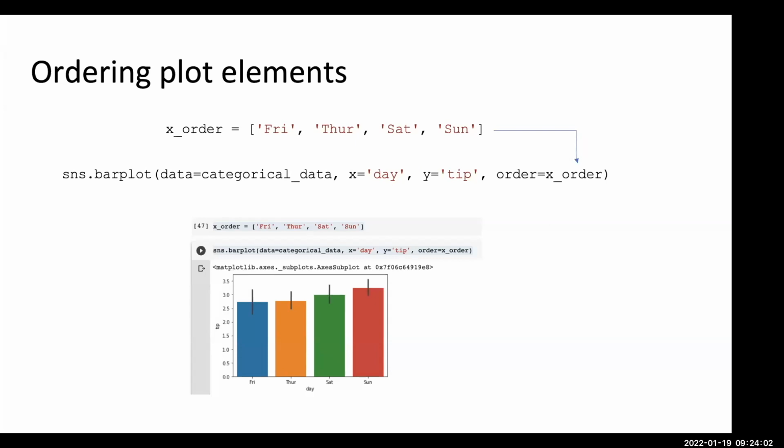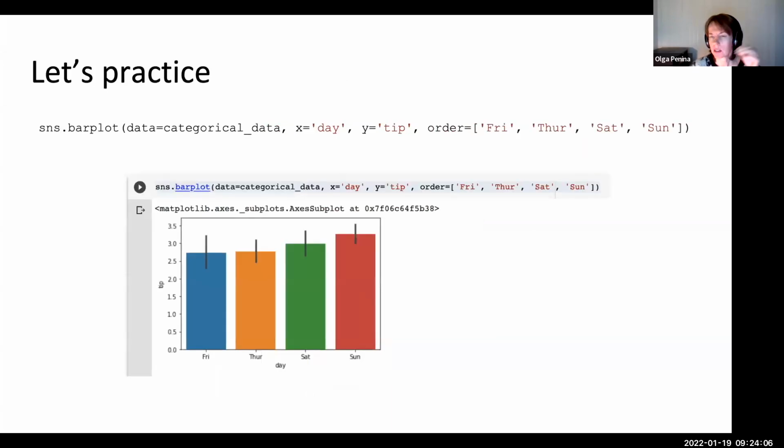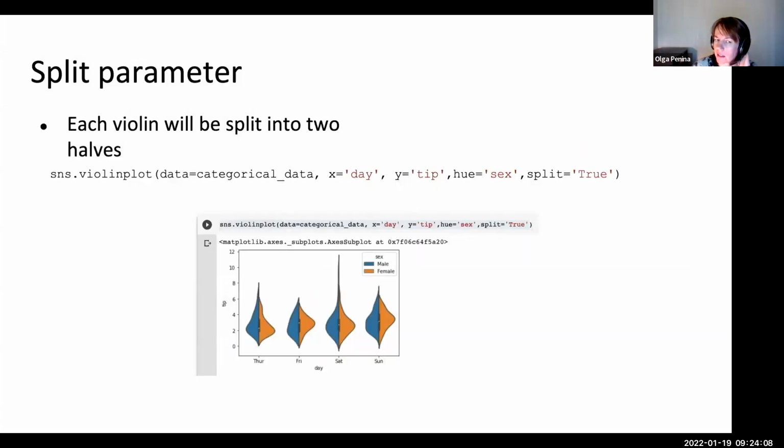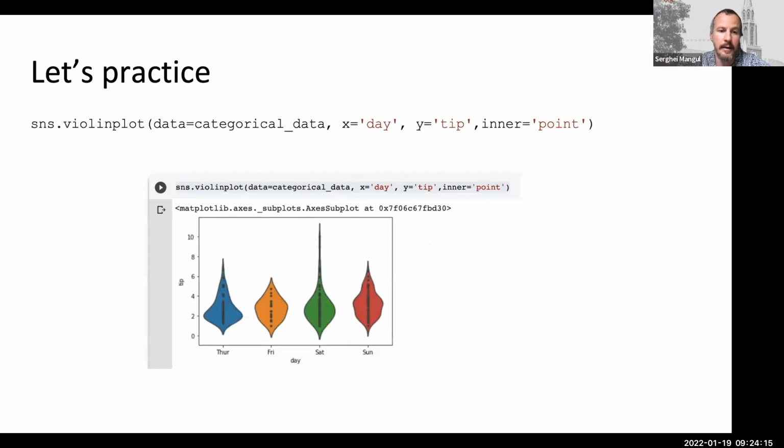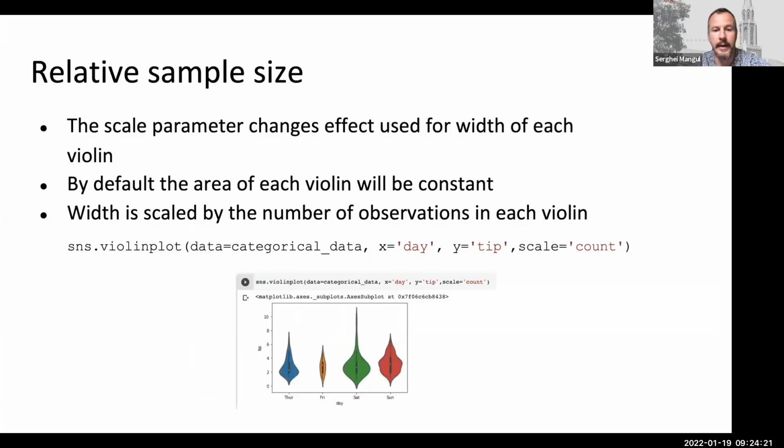A question about the violin plot. Sure. I don't exactly understand why they are not always symmetrical. Why are they symmetrical? Like here, right? Forget about the dots. Yes, they are beautifully symmetrical.